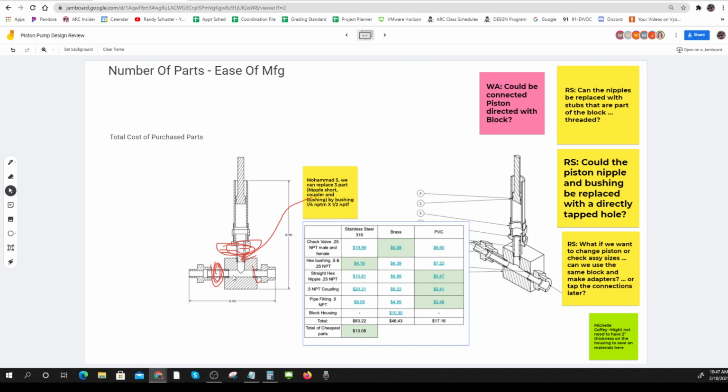So machining wise, it's not too hard to put a hole through, and it's not too hard to change the size of my drill to put this hole through.